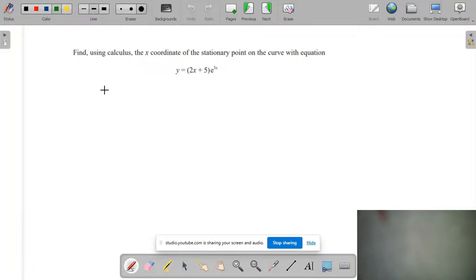So I'm going to differentiate this. We can see that we have the product of two terms, therefore we will have to use the product rule. If y equals uv, dy by dx becomes u dv by dx plus v du by dx.